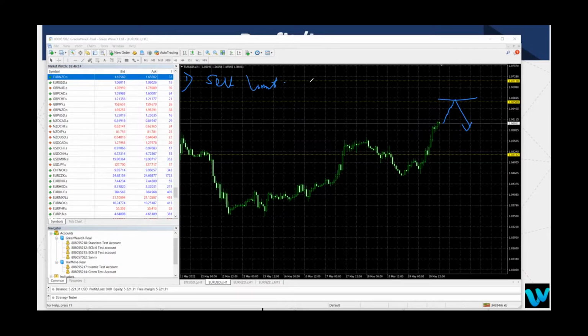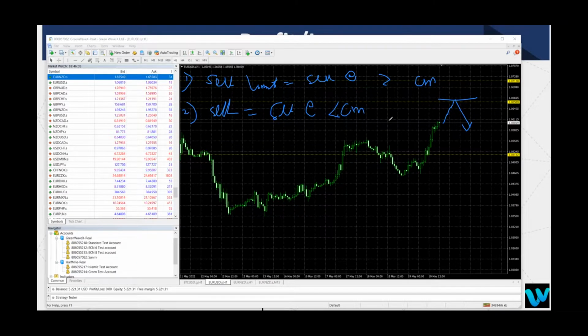When you sell at a price that is higher than the current market price, that's sell limit. Okay, while sell stop is when you want to sell at a price that is less than the current market price. Okay, that's what you're going to set.